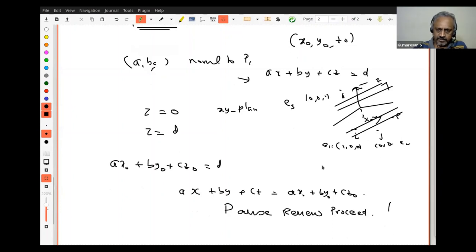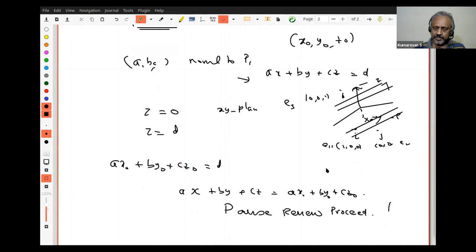If you don't understand, just now you have found a way. You give me the equation of a plane passing through the origin, ax plus by plus cz equal to 0. I want a plane passing through x naught, y naught, z naught, which is parallel to the given plane.